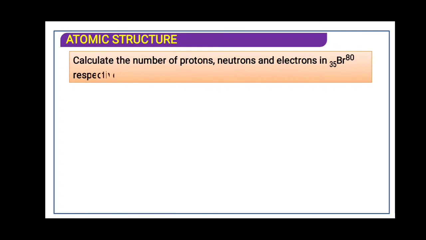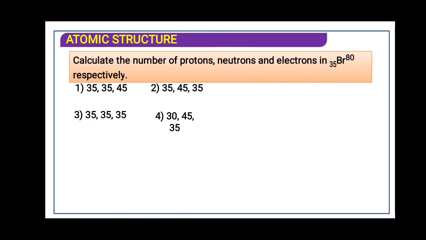Solve a numerical problem. Calculate the number of protons, neutrons and electrons in bromine with atomic number 35 and mass number 80, because 80 is on the top and 35 is the subscript. You have 4 options.